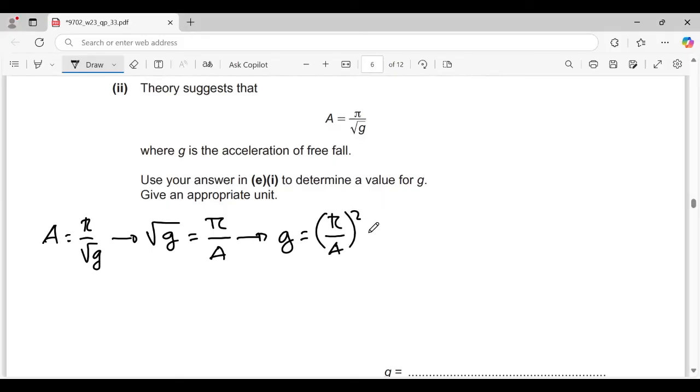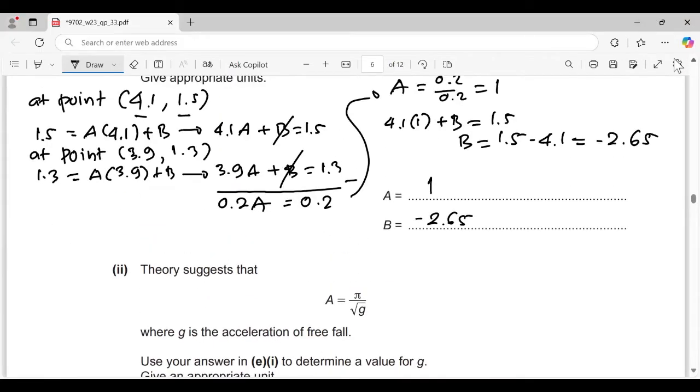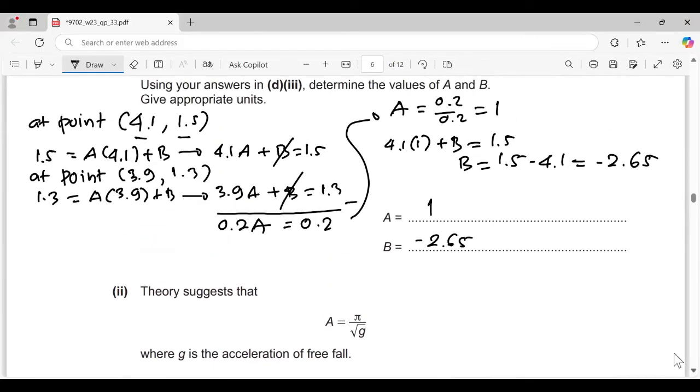Okay, it's going to be 3.14 squared over A, and A is 1. A is 1 according to our result here.